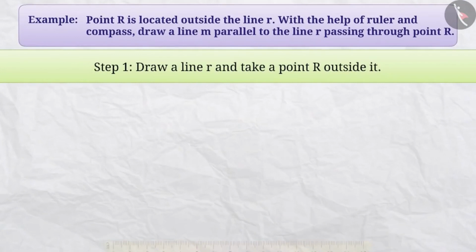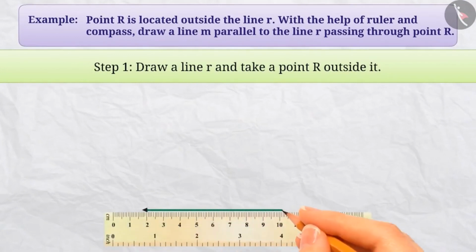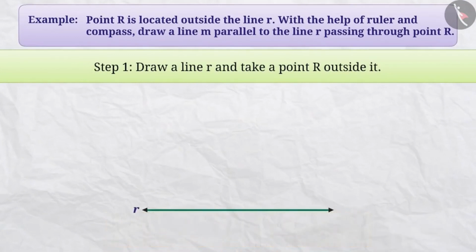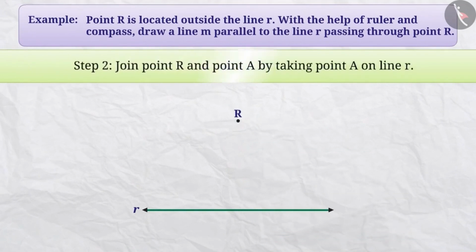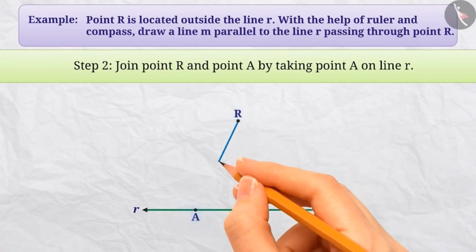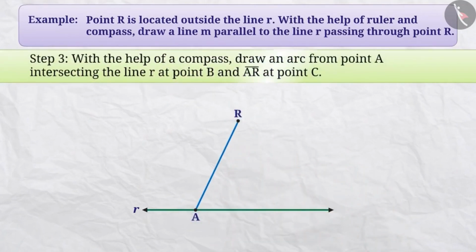Step 1. With the help of a ruler, draw a line R. Mark a point R outside R. Step 2. Take any point A on R and join R to A. Step 3.